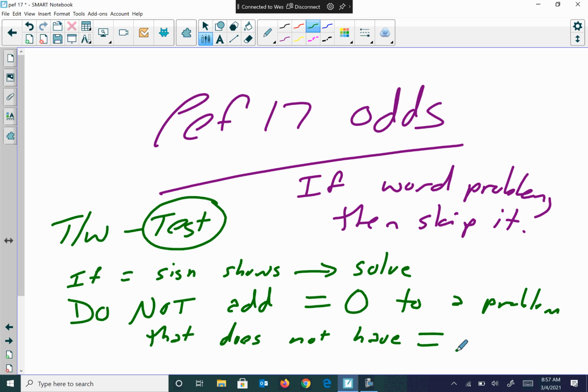I've seen that all my years teaching. It's like, oh, he must have just forgot to put the equal sign in. No, there's not an equal sign. You just factor it.